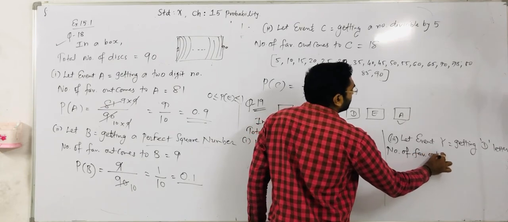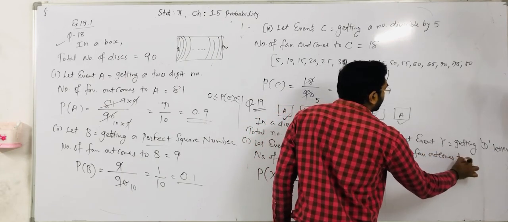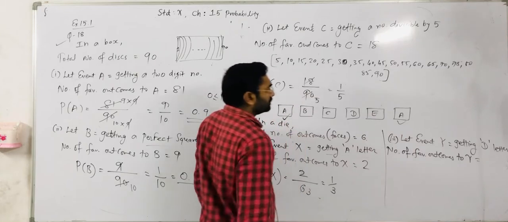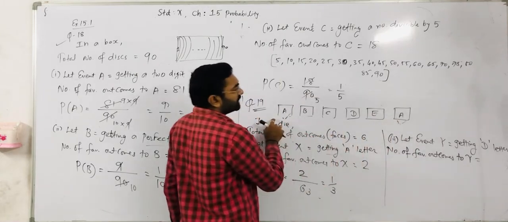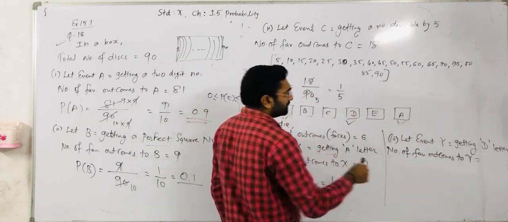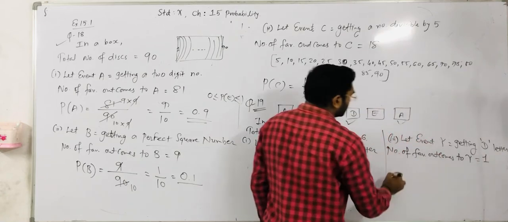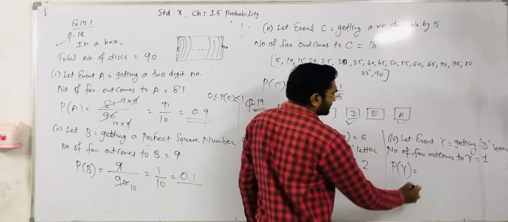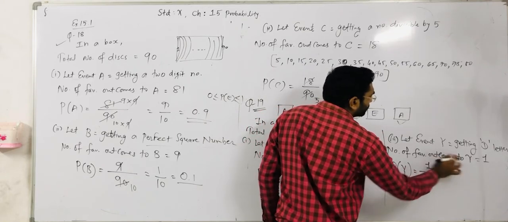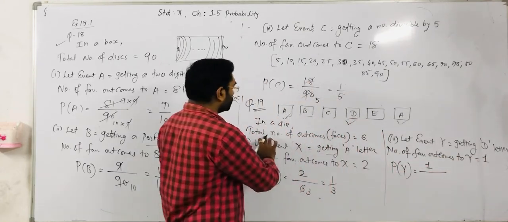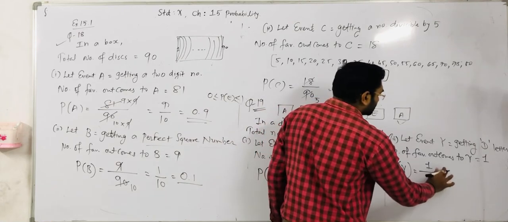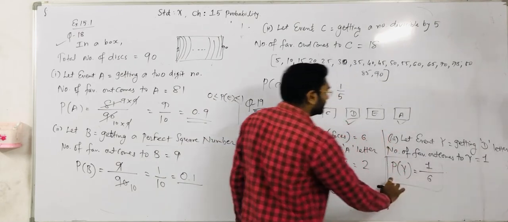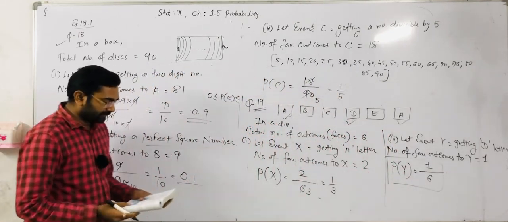So number of favorable outcomes to event Y. So in those 6 spaces, how many times do we get the D letter? Only 1 time. So we can say favorable outcome is 1. So probability of getting a D letter is represented by favorable outcome in the numerator, and in the denominator, total number of outcomes is 6. So this is the probability of getting a D letter.